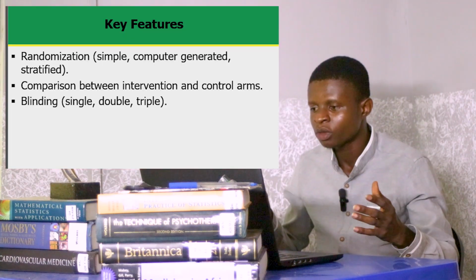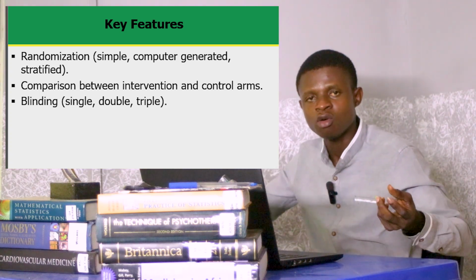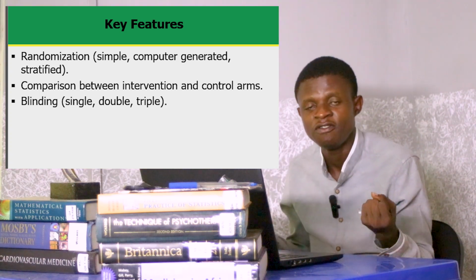And then also we have comparison. So you can compare the intervention arm and then the control arm to see the effect. So if it is caffeine that you want to see, among saloon car drivers and heavy duty drivers, which of them take more caffeine?